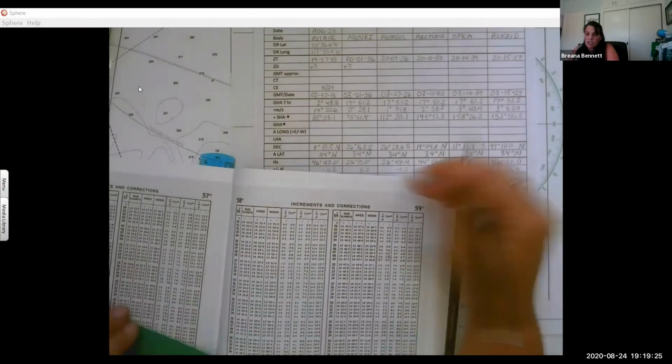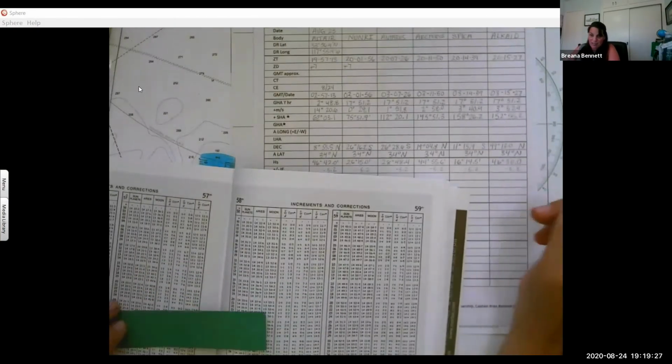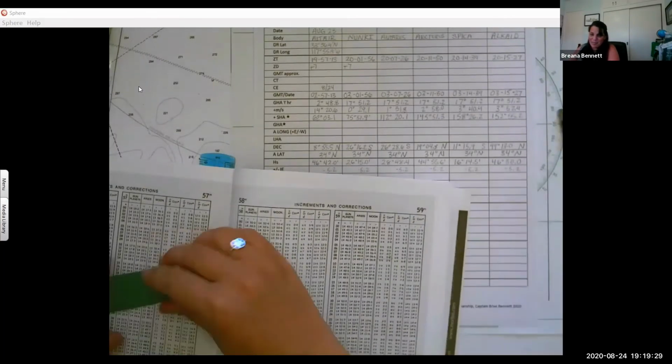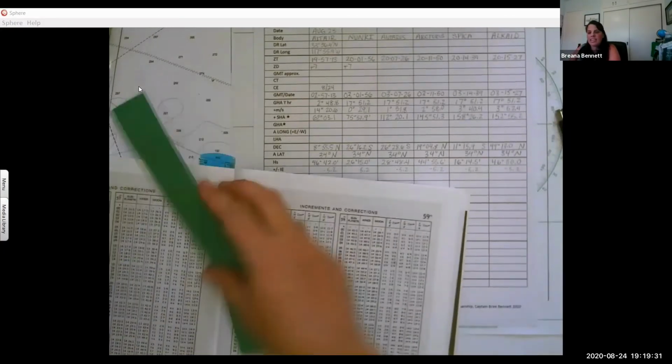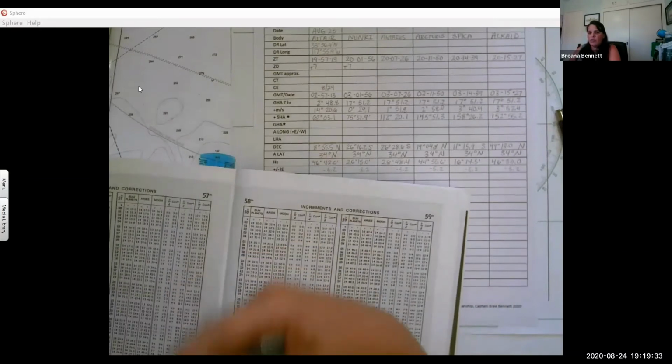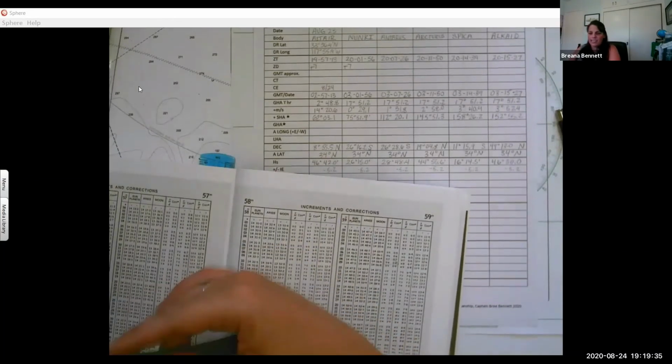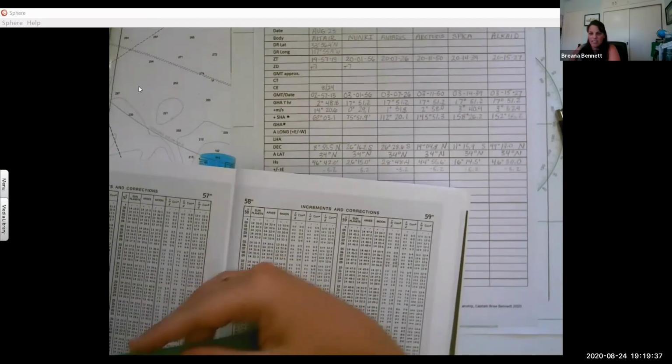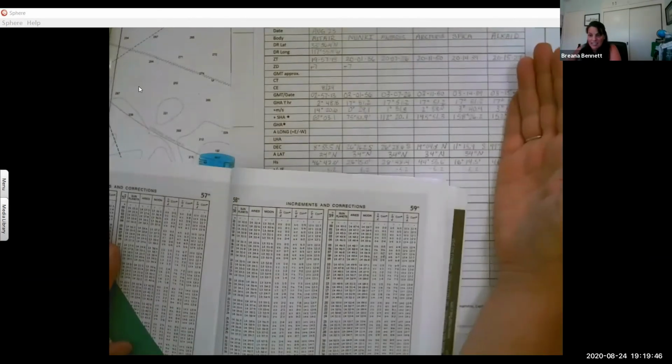Okay, so I know I did that incredibly fast, those minutes and seconds numbers. But that's just showing you that you learn these little shortcuts as you do it more often. If you have a series of them, you don't have to close the book and then open it and then close the book 6 different times because we did 6 stars.